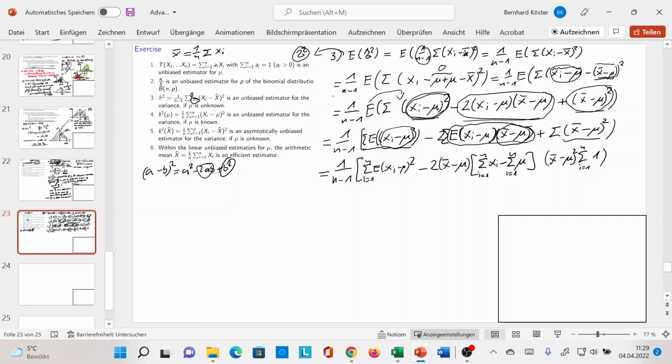Here's squared. So summing up 1 n times equals 1 plus 1 plus 1 plus 1, and this n times.